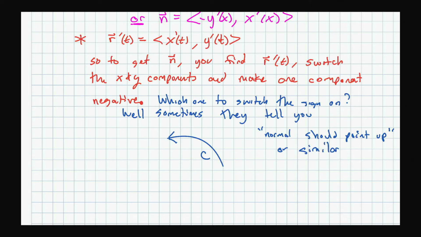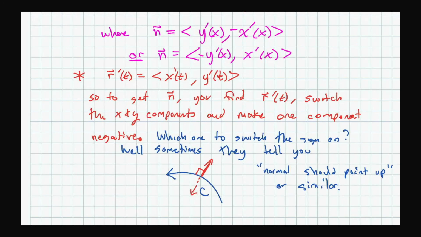Then you would know that if this is my curve and the normal needs to point up, then this would be wrong. That's the difference between these two: they point in opposite directions. One of these is the one they want you to use and the other isn't.